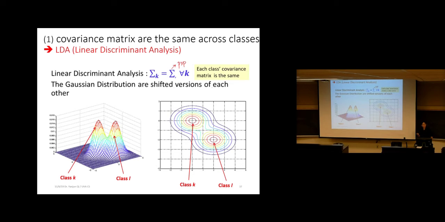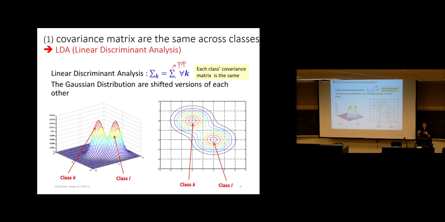So we already told you, right? The sigma matrix defines the shape, the contour shape. In a two-dimensional case, it essentially means each of my classes has the same shape of the ellipses I'm estimating. So in this case, this is the first class, this is class L, this is class K, and this is the surface map view.